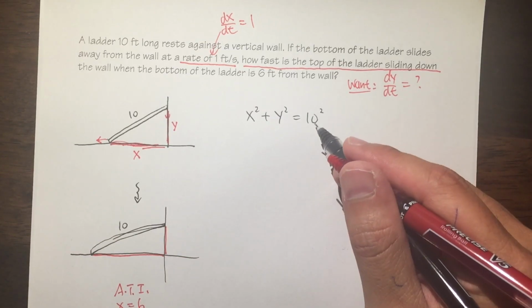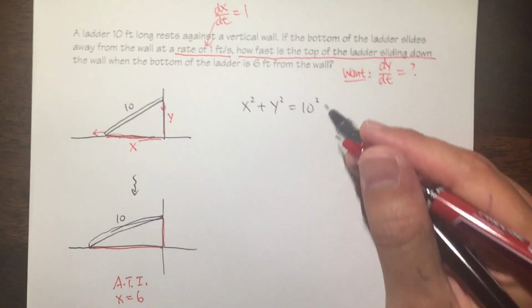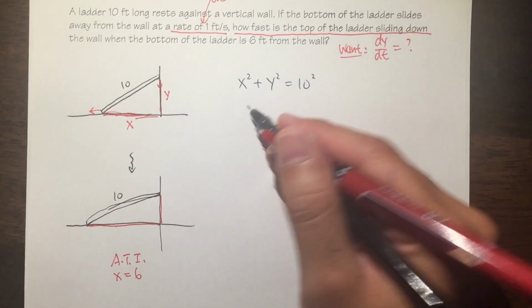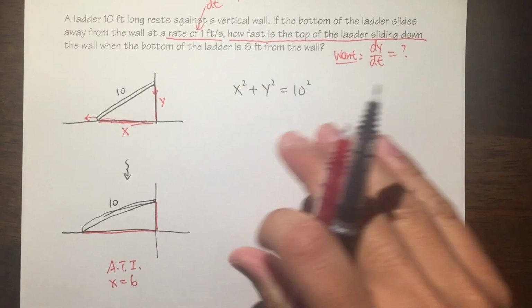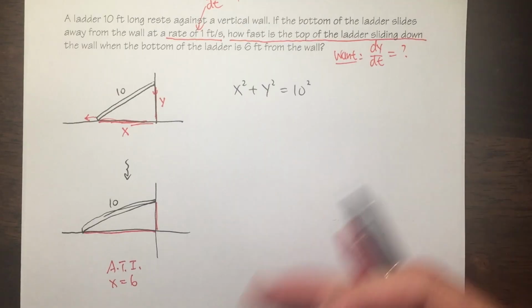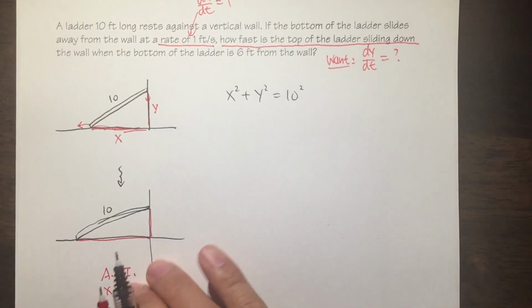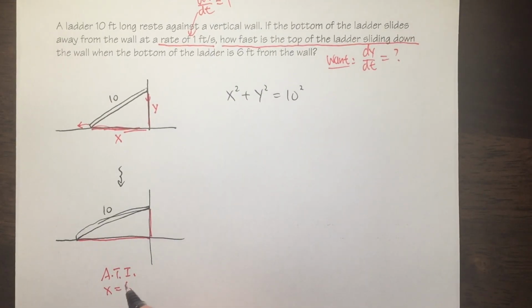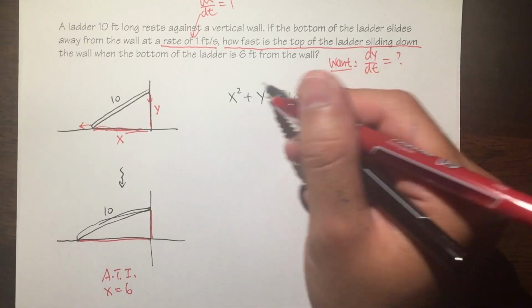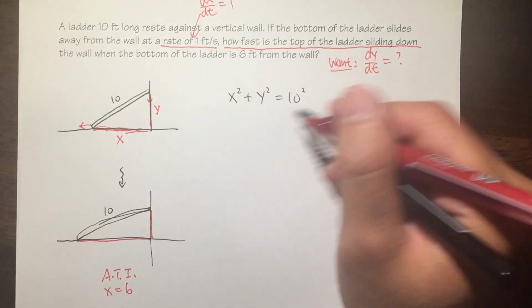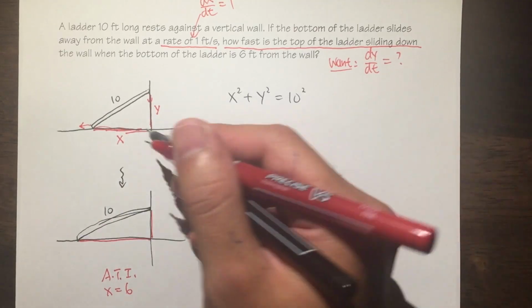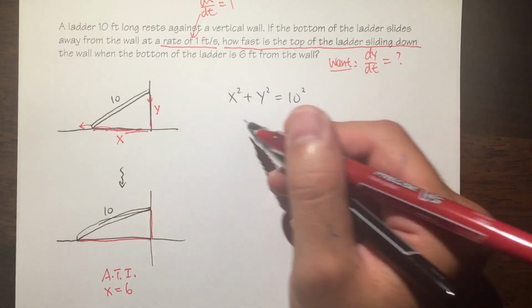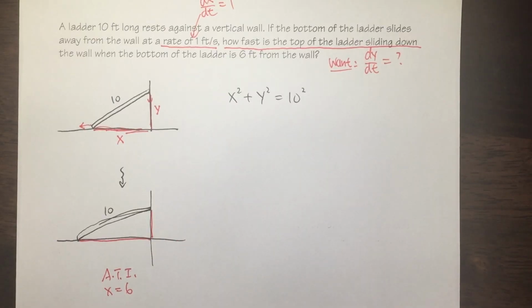I'm not going to plug in 6 right here yet, alright? This is later on when we have the rate equation already, and then we're trying to solve for dy/dt, because this is given at the instant. But in terms of the equation that we have, you can plug in any constant right away, and then of course if they are changing, you keep them as variables.